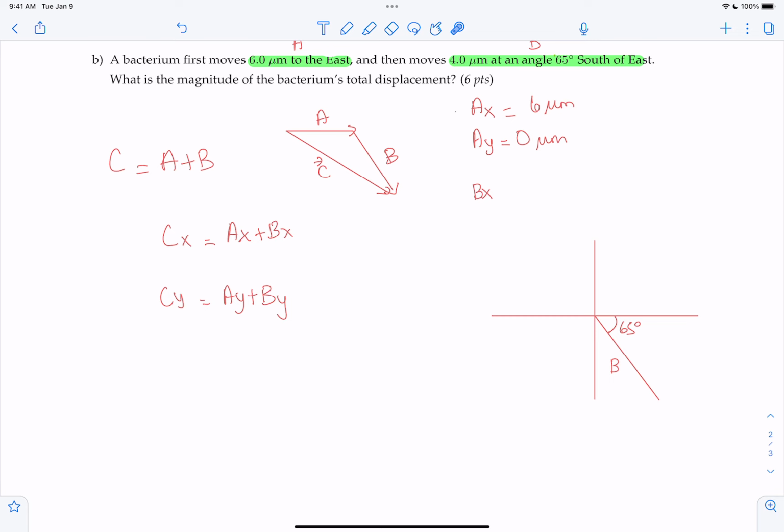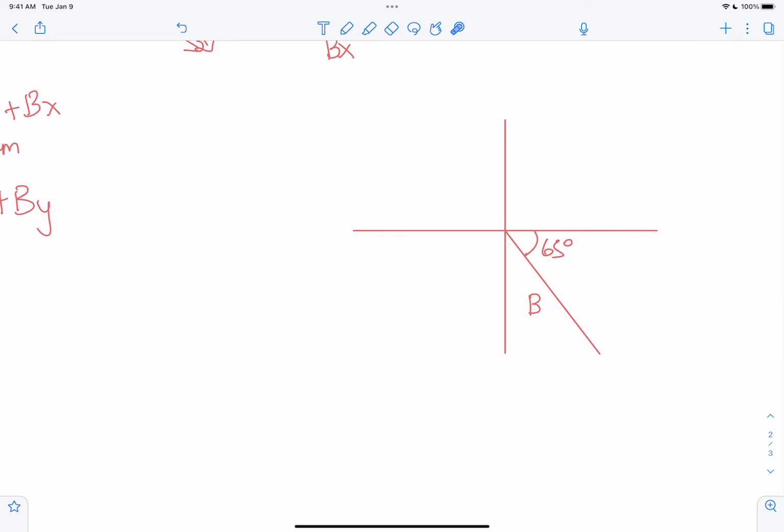So ax plus bx, we know that ax is 6 micrometers. We need to figure out bx. Bx, we can get from a trigonometric function. So this is bx, this is by. What trigonometric function can we use to figure out bx?